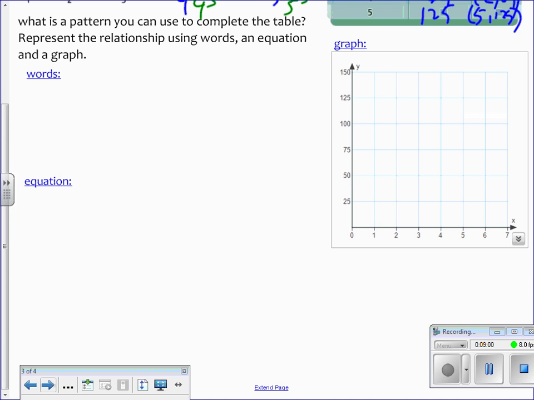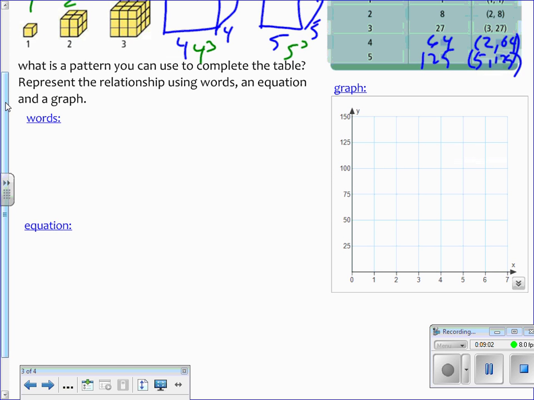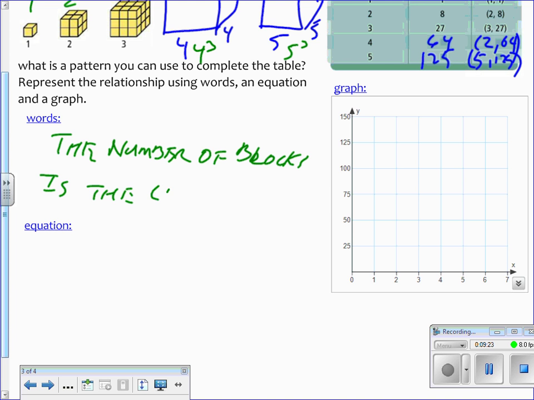Okay, so, in words, the total number of blocks is the cube of the side length.